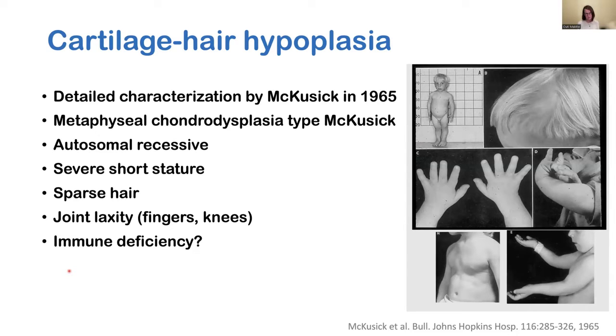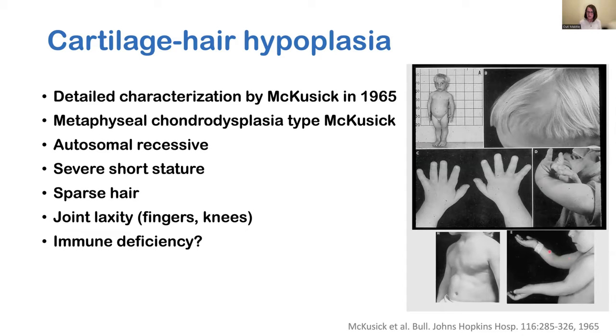He showed that it's an autosomal recessive condition. The patients have severe short stature. They often have sparse hair, which was not seen in other forms of skeletal dysplasia. They had joint laxity, especially in the fingers, as shown in his original photograph.